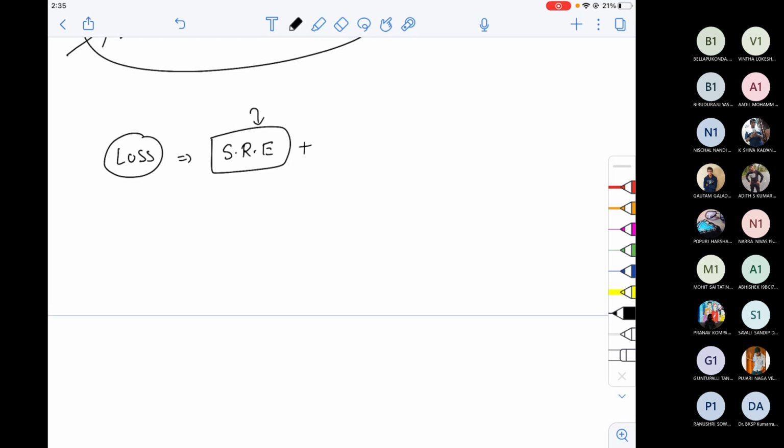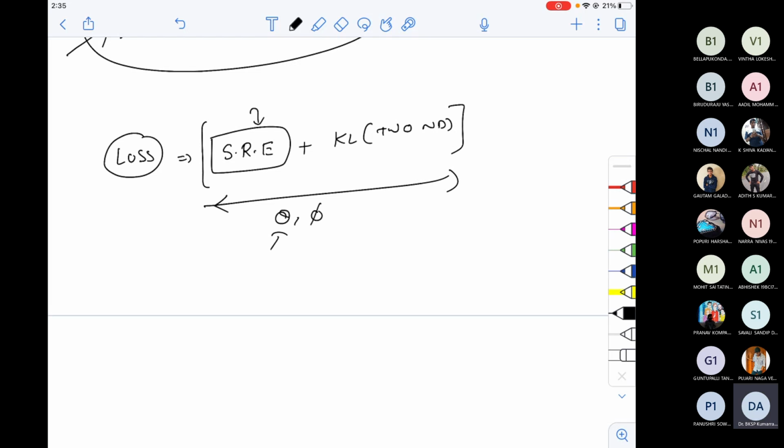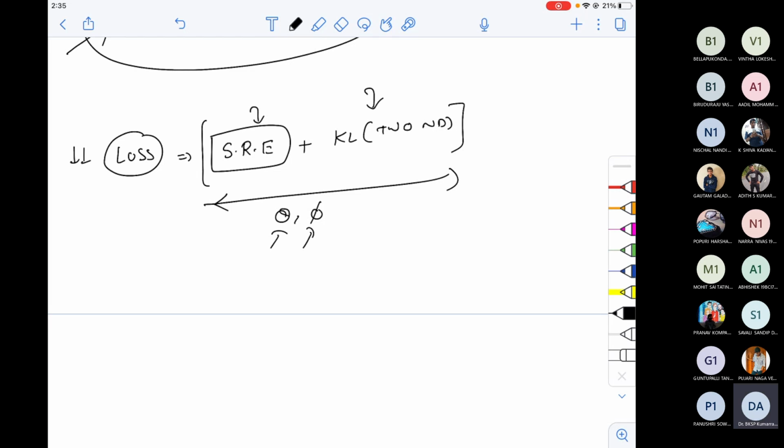The second is the KL divergence between two normal distributions. These are modeled with respect to theta and phi, and they get changed such that the loss is minimal.